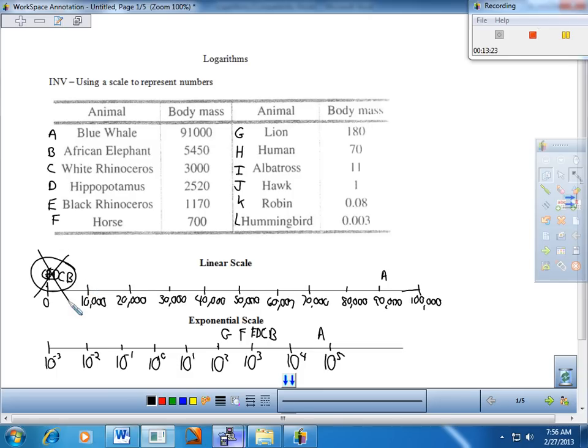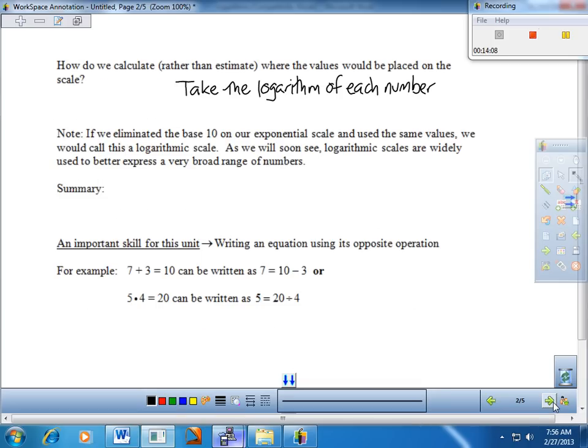That's actually one of the primary usages of logarithms, finding a better representation of a very broad range of numbers, from 91,000 all the way down to 3 1,000ths. That's really cool. We'll see some applications with logarithms, and it'll probably fit along the lines of this investigation. So how do we calculate rather than estimate where the values would be placed?